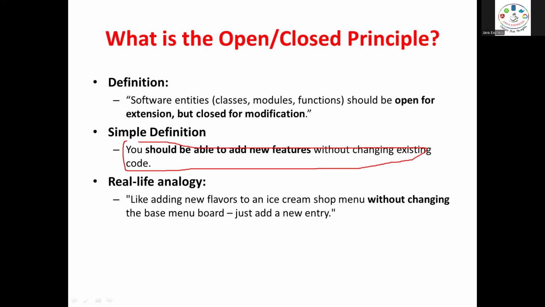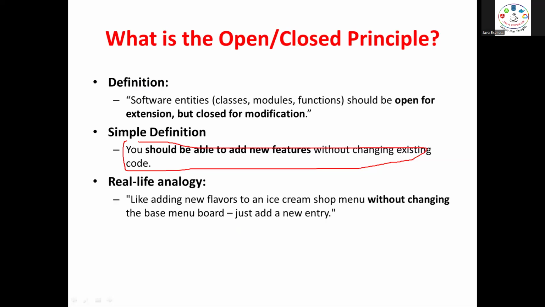Real time example. Say you want to purchase an ice cream. This is the base ice cream. On top of that, you want to add some flavors, like some choco chips or chocolate sticks. The base is ready, and you are adding the new feature.